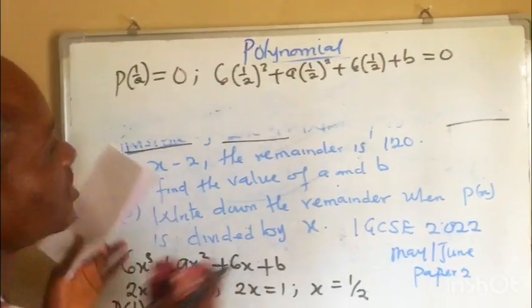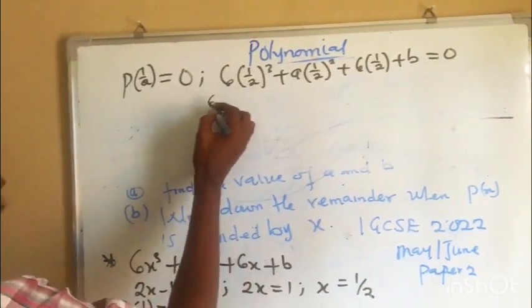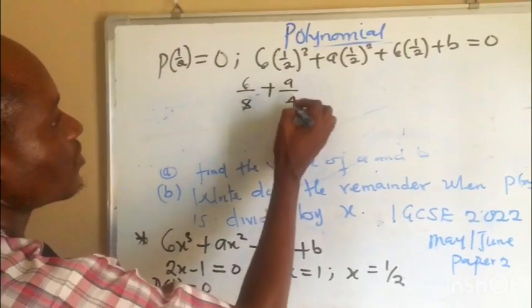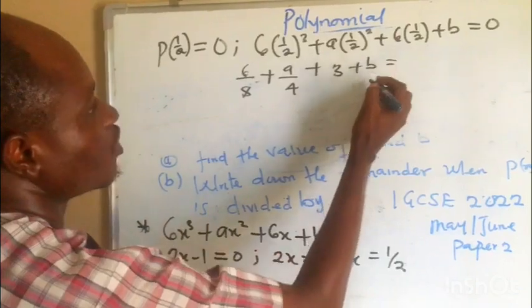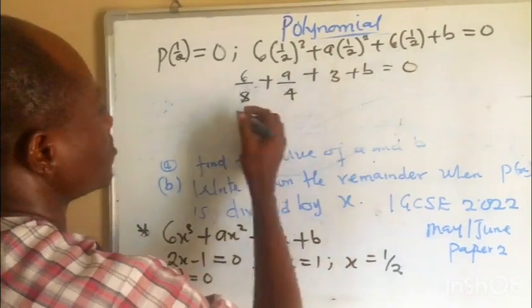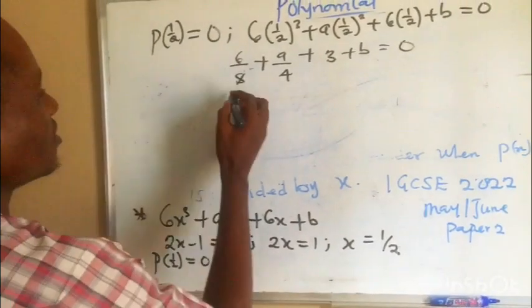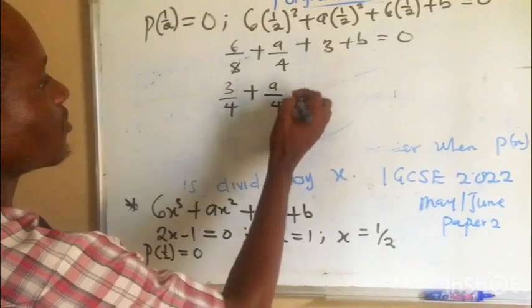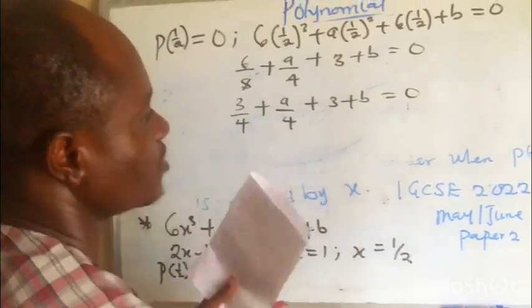Now if you do this, we have 6 over 8 plus a over 4 plus 3 plus b equals 0. We can simplify it further: this is just 3 over 4 plus a over 4 plus 3 plus b equals 0.